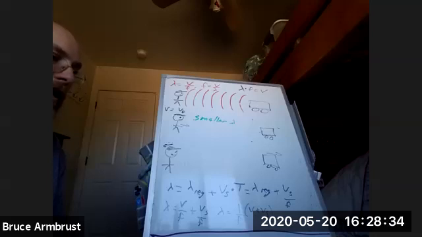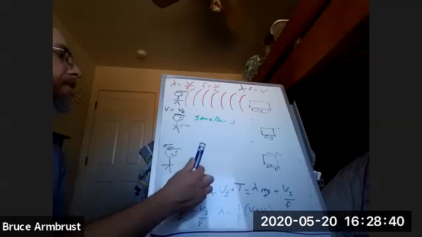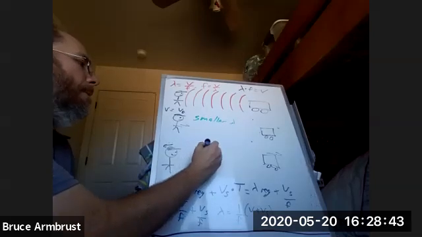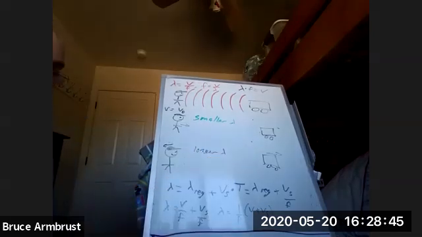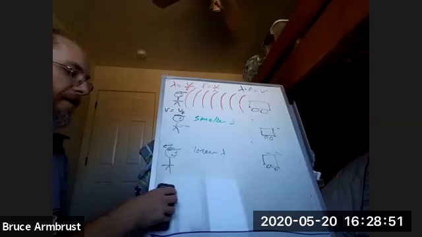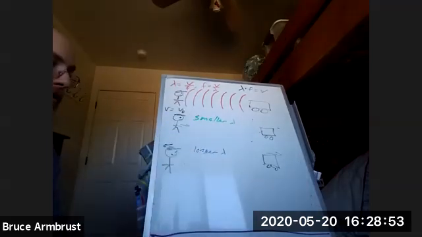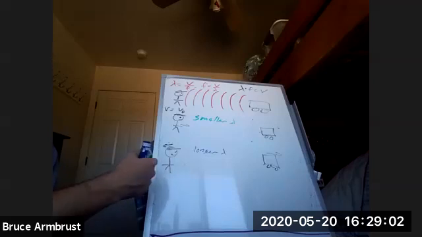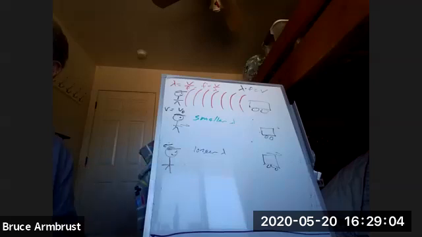So we see that as longer wavelength. Well, that's exactly what we saw before, right? But now what's causing that change in wavelength is actually the speed of us, the observer.